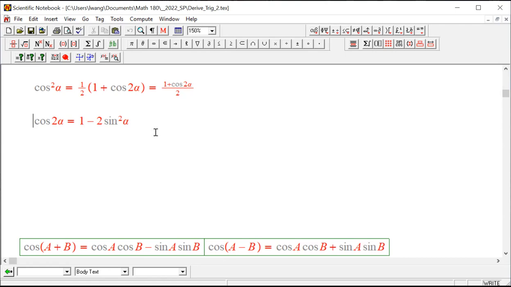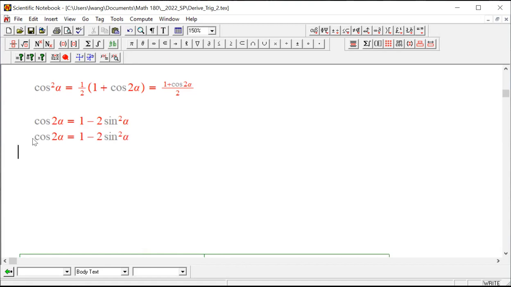Or let's see which way is easier for you to understand. Okay, so let me do this. I'm going to subtract 1 on both sides.